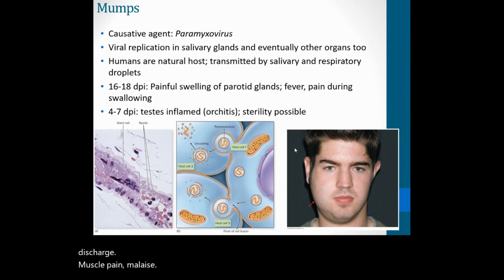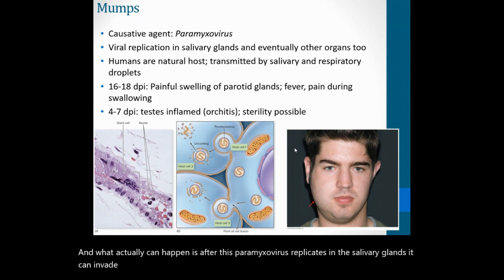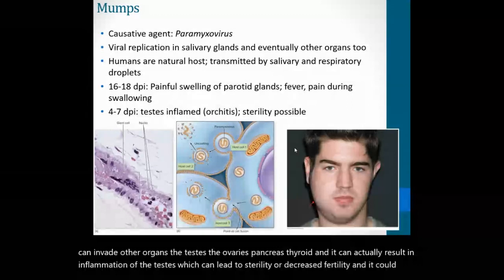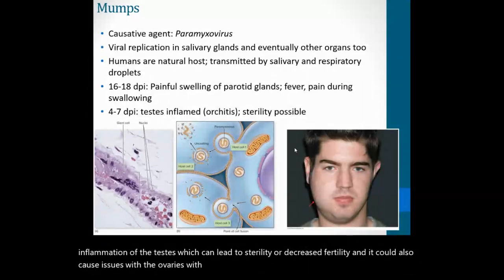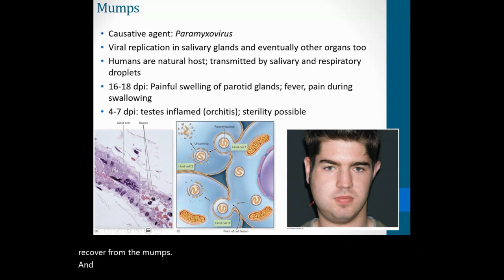And what actually can happen is after this paramyxovirus replicates in the salivary glands, okay, it can invade other organs, the testes, the ovaries, pancreas, thyroid, and it can actually result in inflammation of the testes, which can lead to decreased fertility. And it can also cause issues with the ovaries with infertility issues there as well. Most people do recover from the mumps and will have lifelong immunity.